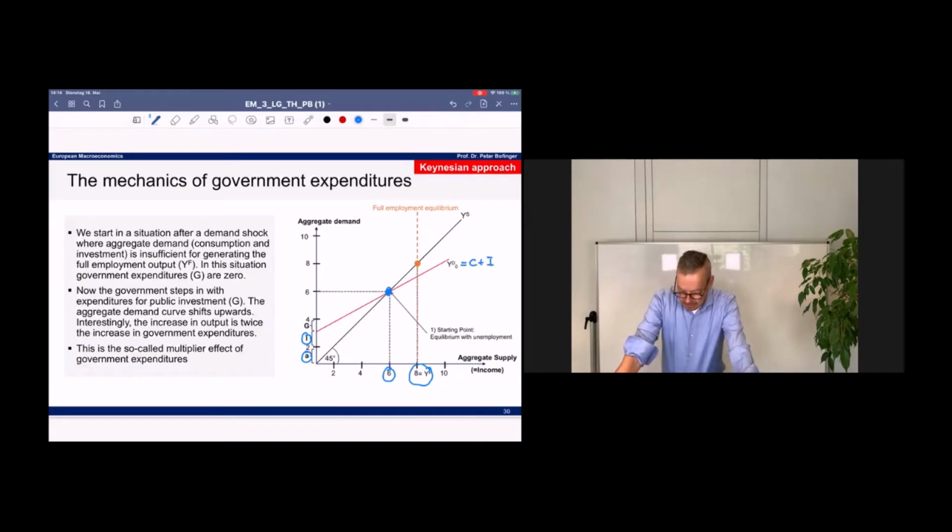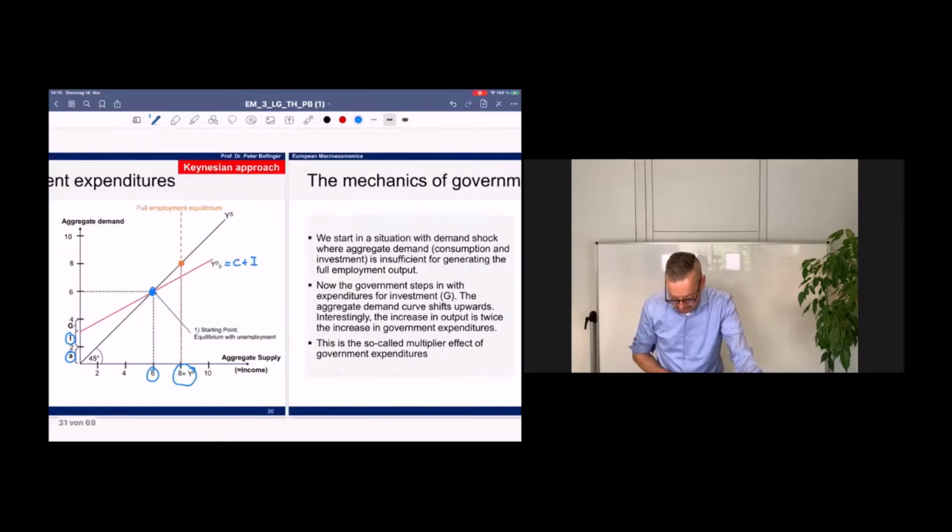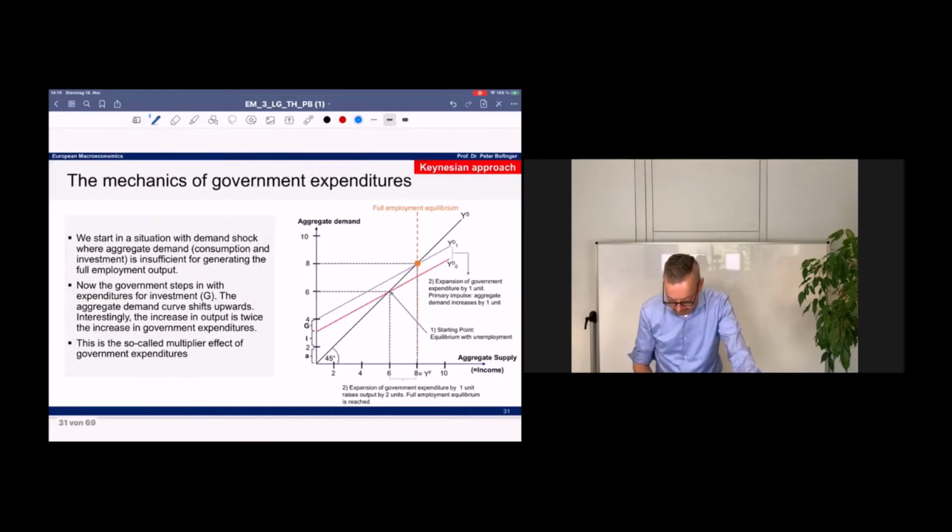Now, what can the government do to bring the economy to the full employment equilibrium? Well, the government must increase its expenditures. So far, they are 0. And now they have to increase it from 0 to 1, and we can see that here on this chart. Now they have increased aggregate demand because we have 1 unit of government expenditures.